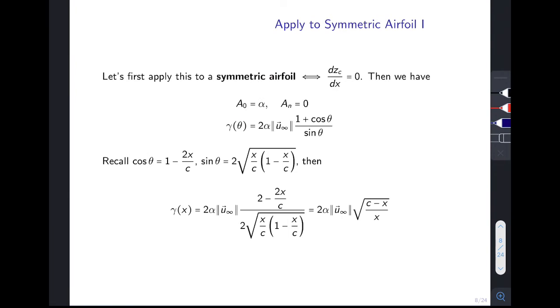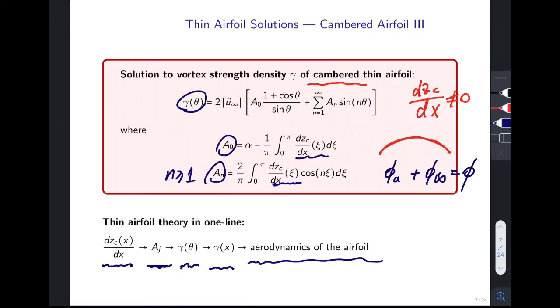Okay, so let's first apply this to a simple case, which is a symmetric airfoil. A symmetric airfoil implies that the slope of the camber line will be 0 everywhere. If this is 0 everywhere, then A0 is going to be alpha, since it only comes from the first term contribution.